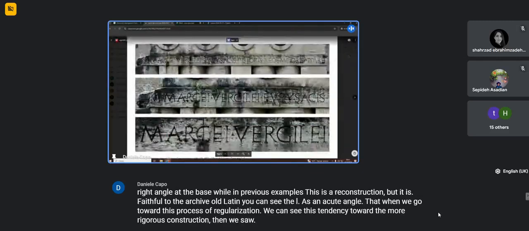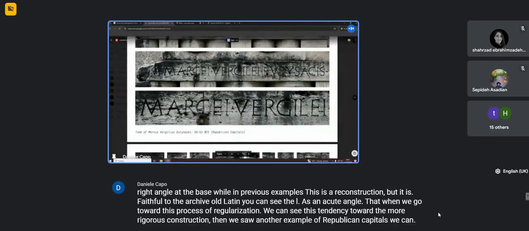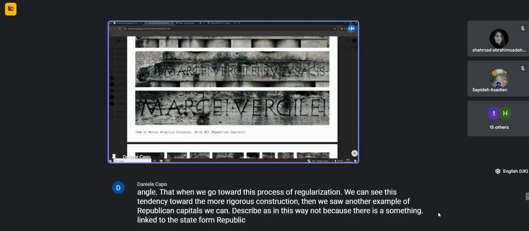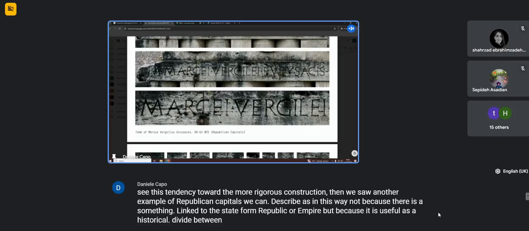Then we saw another example of Republican capitals. We can describe them in this way not because there is something linked to the state form, a republic or empire, but because it is useful as a historical divide between these two periods.